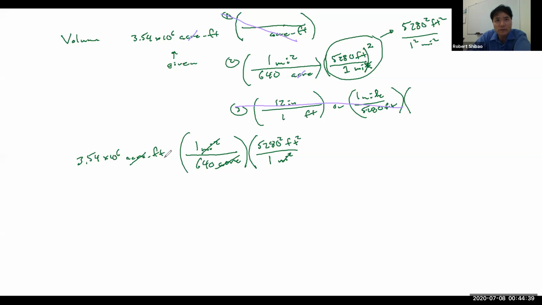Well, foot squared times foot is foot cubed. And that's what I want. So I'm done. I need foot cubed, cubic feet. And so let's go ahead and do the calculation here. When I do the calculation, I got 3.54 times 10 to the 6 divided by 640 times 5,280 squared.